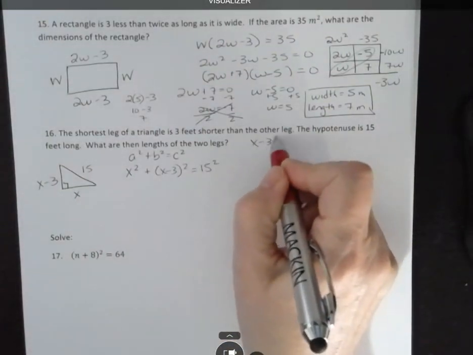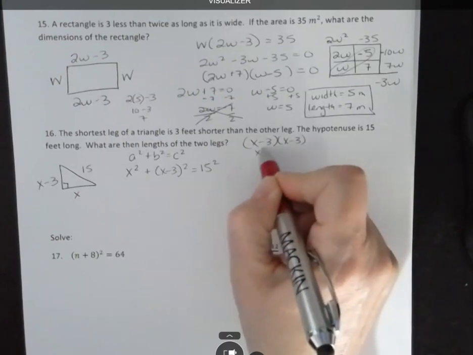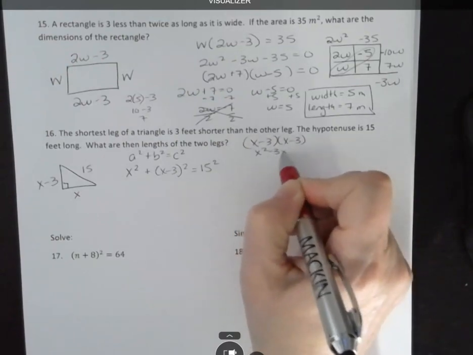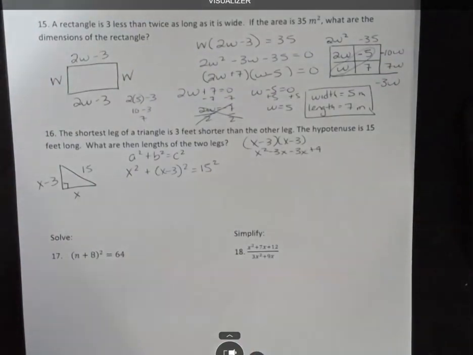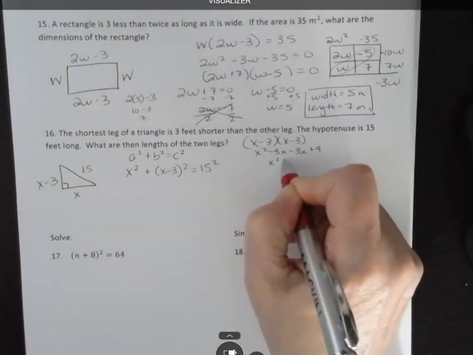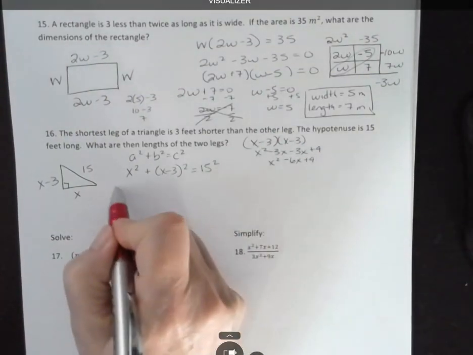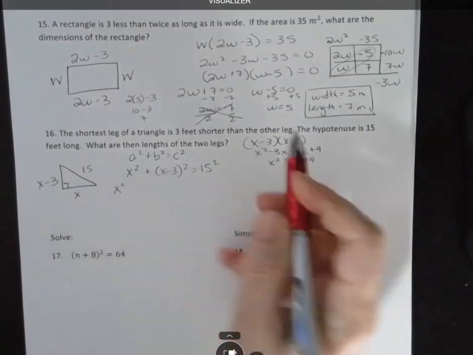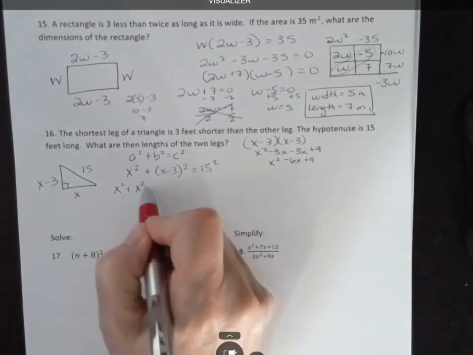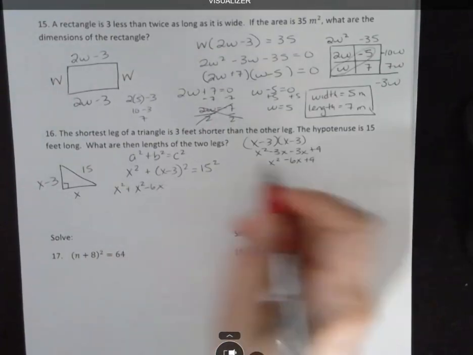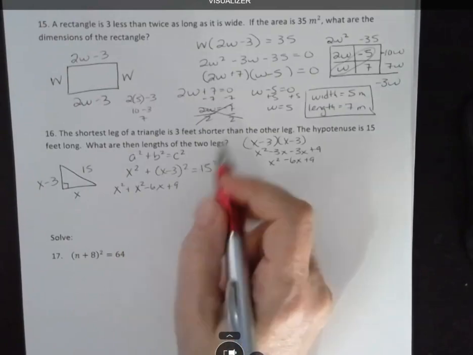X minus 3 times x minus 3 is x squared minus 3x plus 9. That's using the FOIL method, which gives me x squared minus 6x plus 9. Yikes. And I already had x squared from here, and then I have plus x squared minus 6x plus 9, and then I have 15 squared, which is 225.